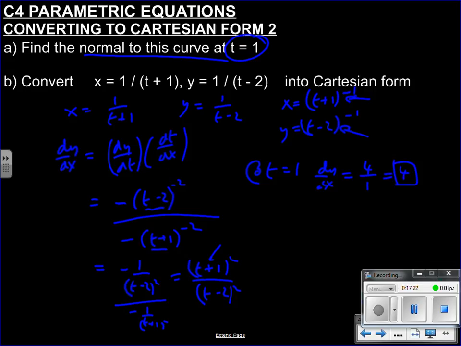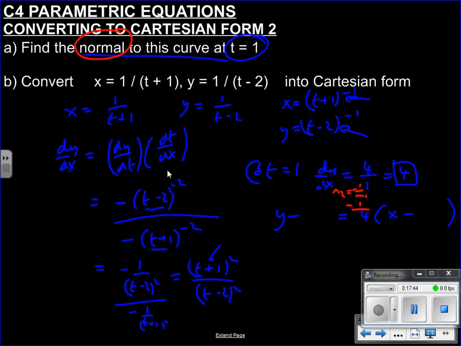Sorted. So straight into y minus y1, gradient x minus x1, except hopefully you're screaming out, no, it's not that gradient, because we're looking for the normal. So actually, m2 is minus 1 over m1, isn't it? So actually this should be minus a quarter.